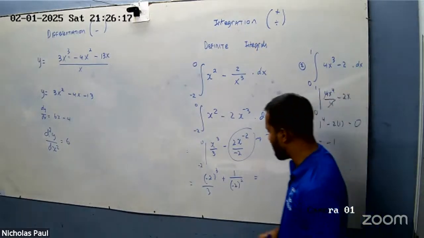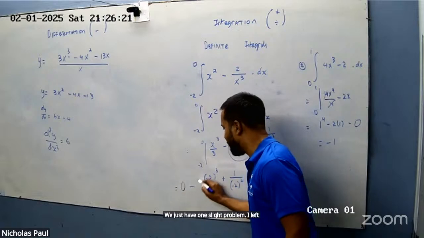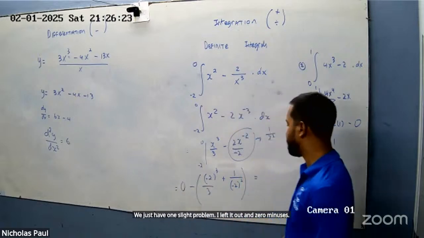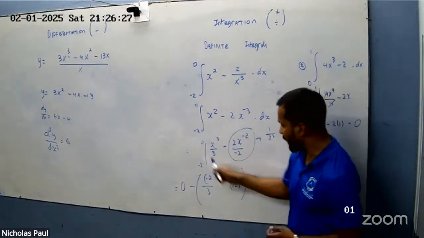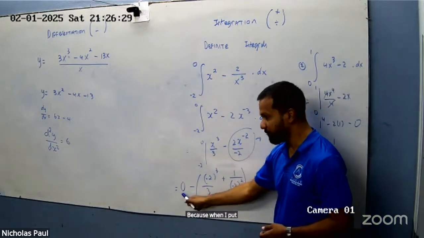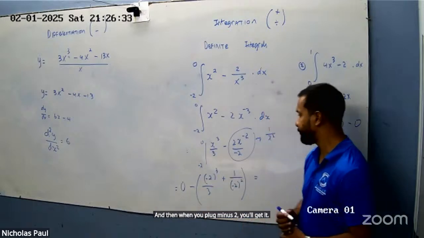We just have one slight problem. I left it out. There's 0 minus this, because when you put 0 in here, that's the first value, and then when you plug in minus 2, you'll get it.